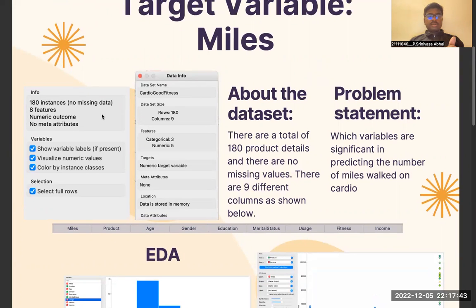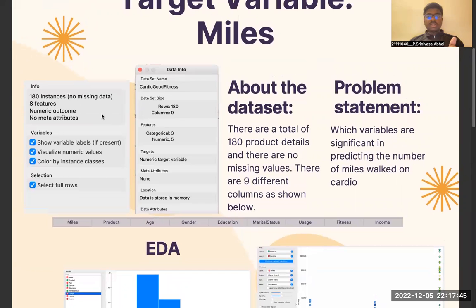Let's start with the analysis of the dataset. My dataset consists of a total of 180 instances, which means there are 180 details, and the eight features as described below, of which three are categorical and five are numerical data.